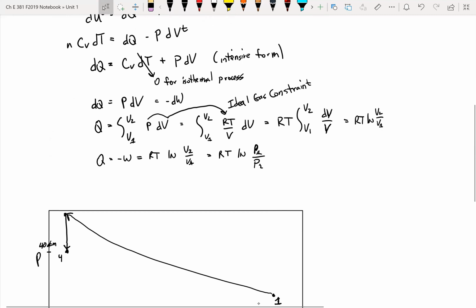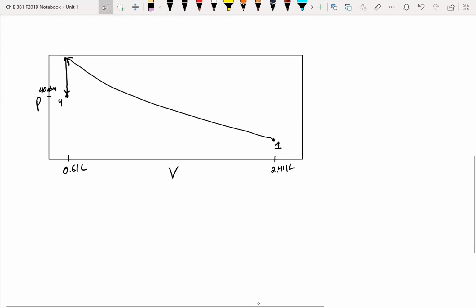Okay, so I don't have to start completely from scratch. To figure this one out, we'll start with the differential form of the first law solved for dq. So dq is CV dT plus PdV. Yes? But how come we can't just go from 1 to 4? That's isothermal.